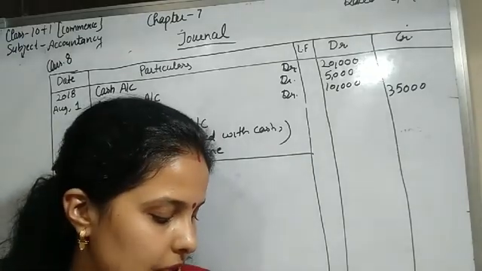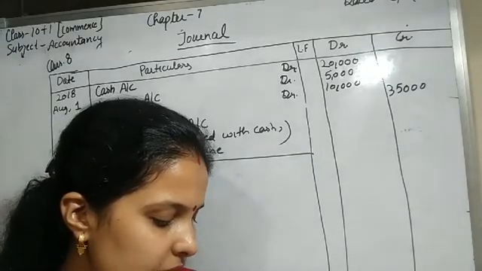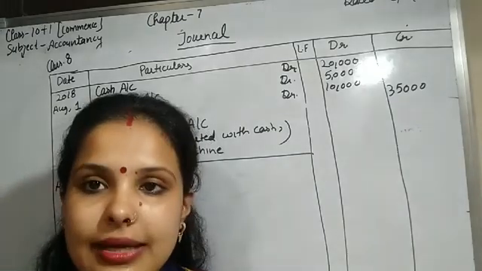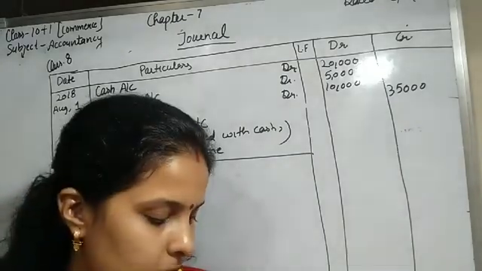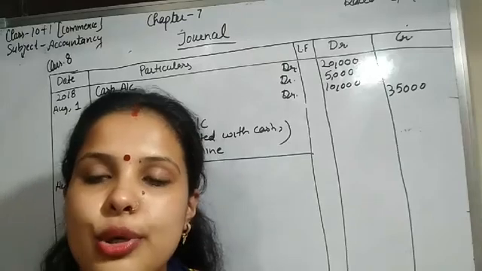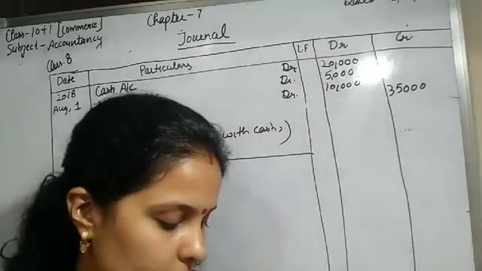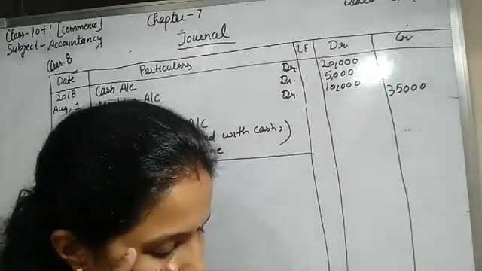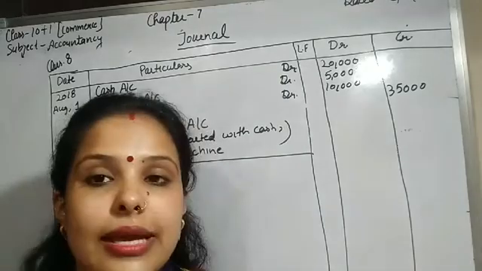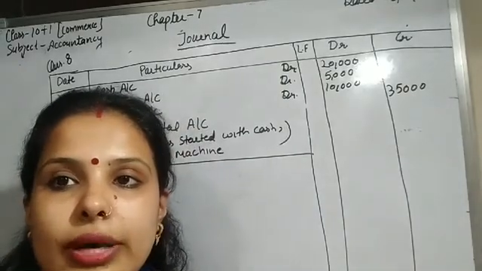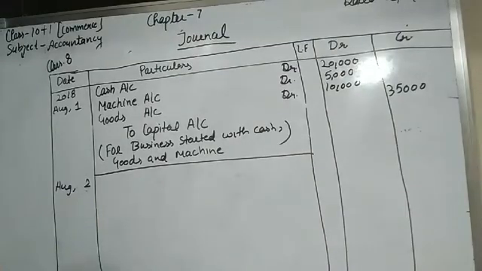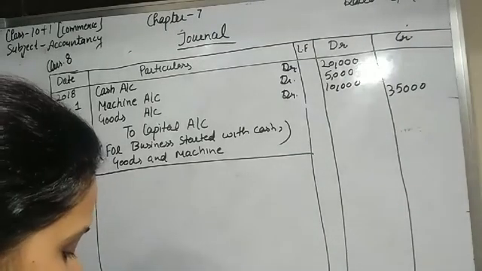And the second thing is all these transactions have similar nature. Goods are purchased means assets are coming to the business. And these transactions are held on same date, that is August 2nd.